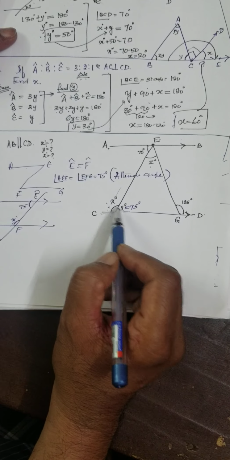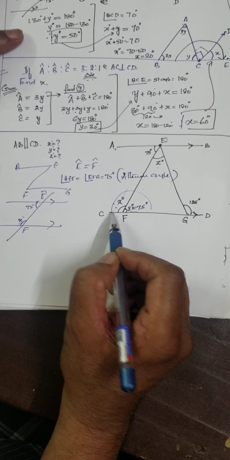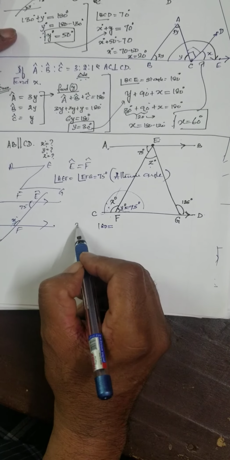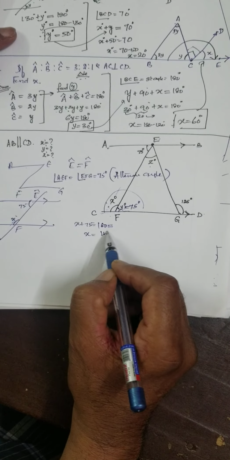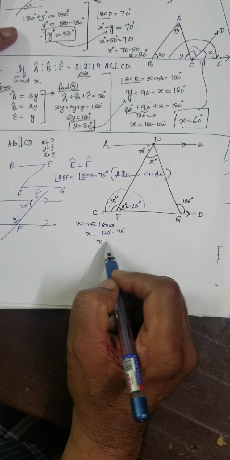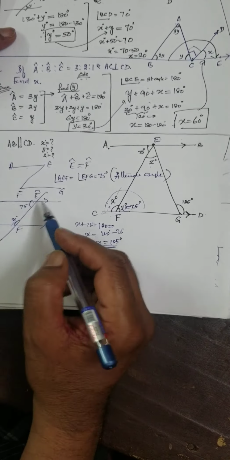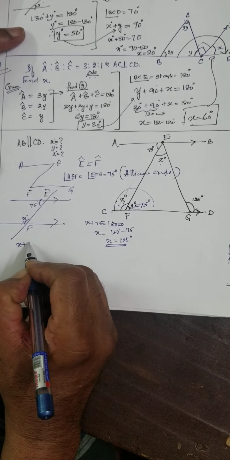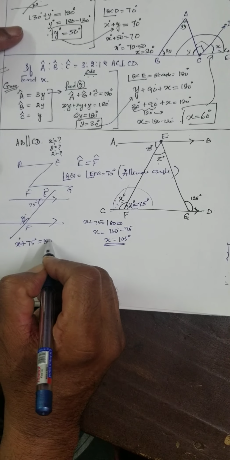You can do 180 minus. This is 180, is it not? Therefore x plus 75 is equal to 180. X is equal to 180 minus 75, or x is equal to 105 degrees. You can find it this way, or also this way. Therefore x degrees plus 75 is equal to 180.